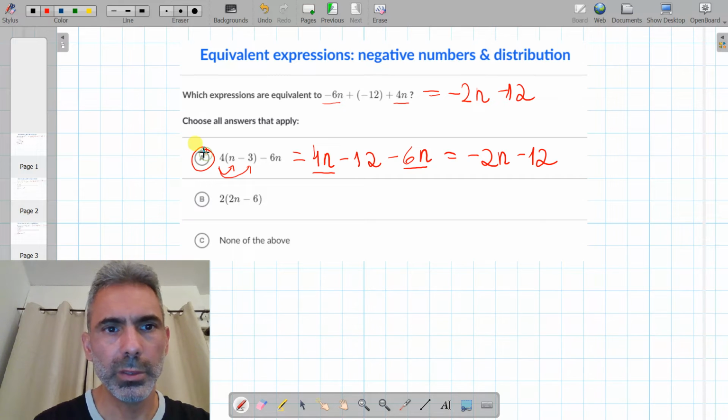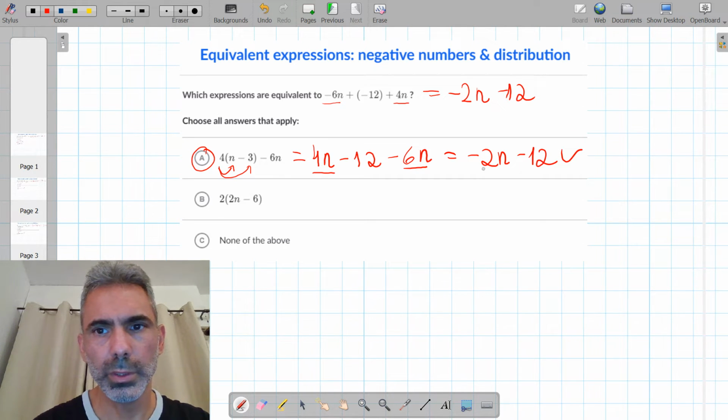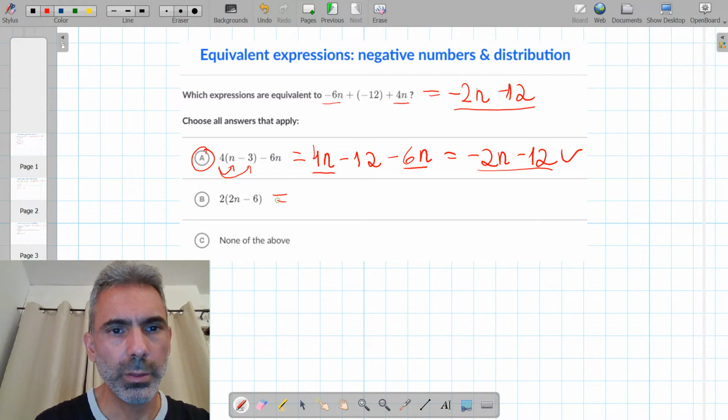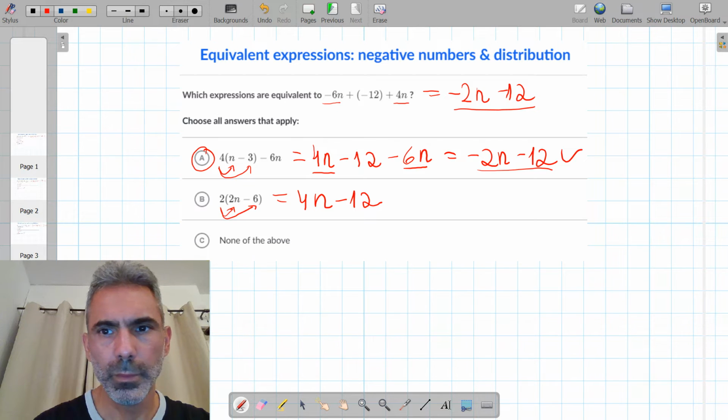Okay, so A is good because this and this are equivalent. And here, when we apply the distributive property, we get 4n. And 2 times minus 6 is minus 12. So this is incorrect.